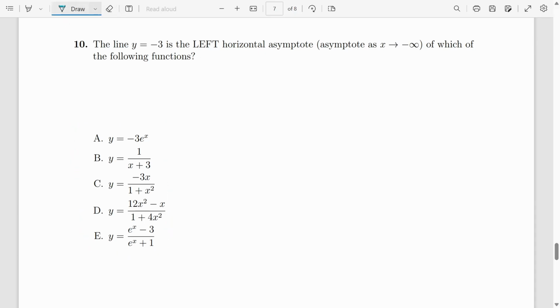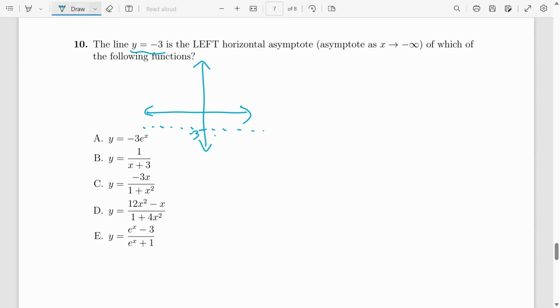So let's visualize that a little bit. If we have a graph here, the line y equals, oh, no, that should be negative. Y equals negative 3, there's a line, which is our asymptote, so let's make that dashed so it's clear that's an asymptote.